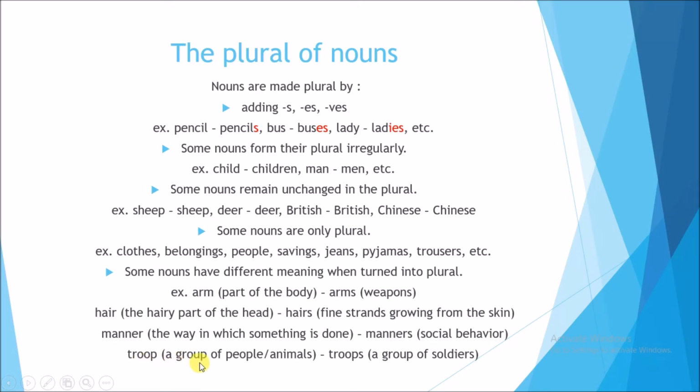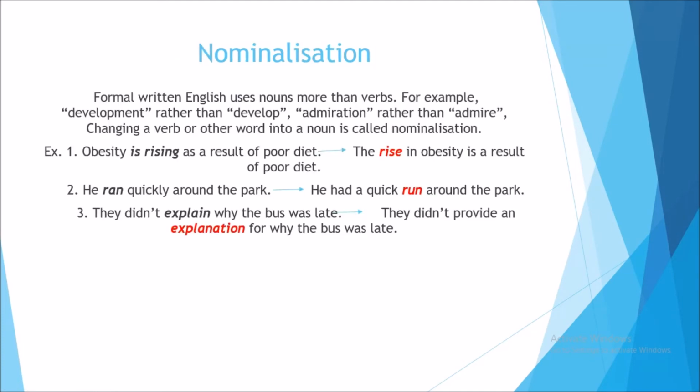Manner is the way in which something is done, but if we add s, manners, that means social behavior. Troop is a group of people or animals. When we add s, troops, that is a group of soldiers. In this section, we have the topic of nominalization. Let's see what is nominalization.